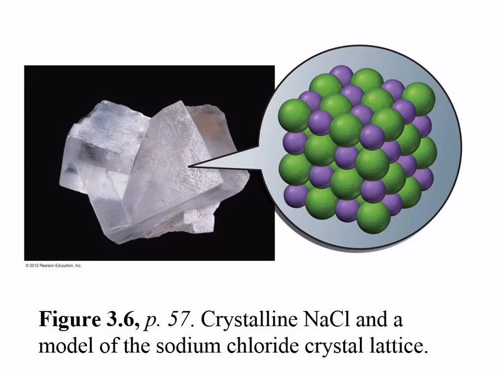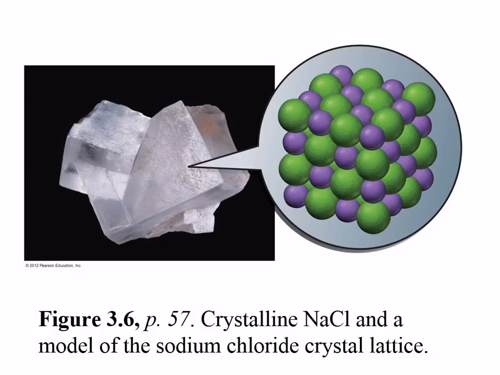This is a figure from your textbook showing the alternating green, purple, green, purple, and they would represent sodium chloride, sodium chloride, sodium chloride. As it turns out, when ionic compounds form, and we'll talk more about metals, sodium is a metal, aluminum's a metal, iron's a metal, magnesium's a metal.